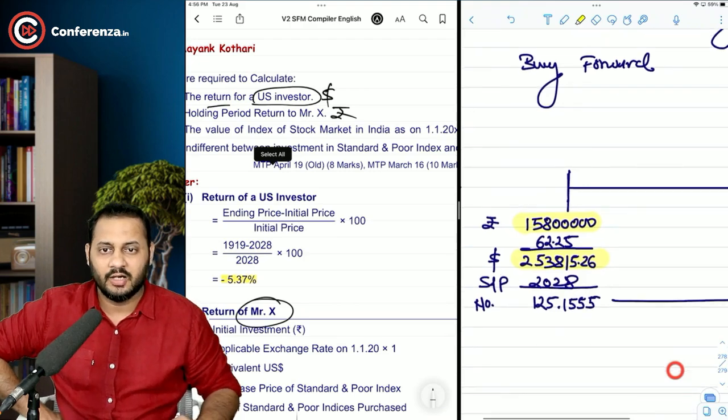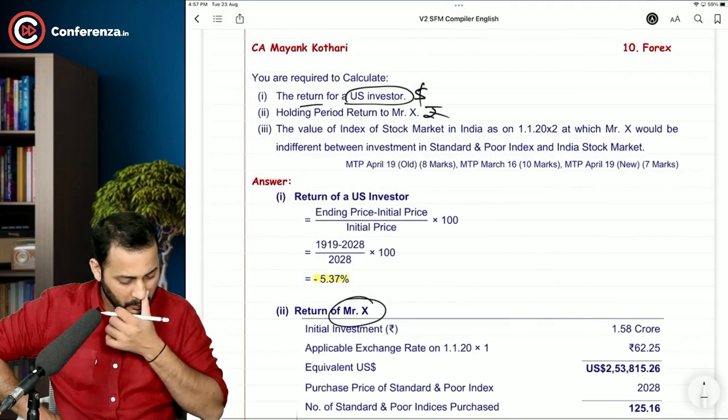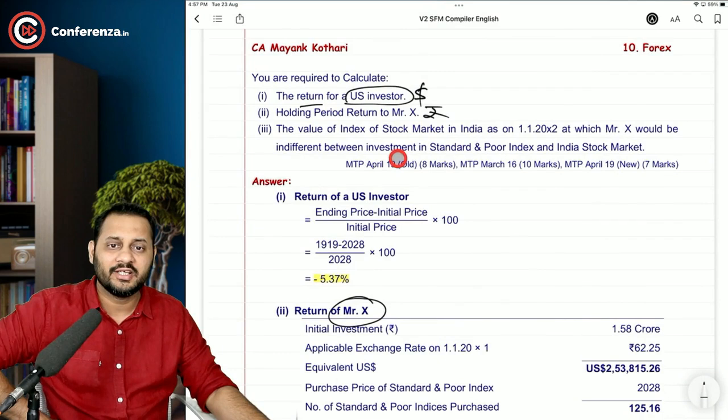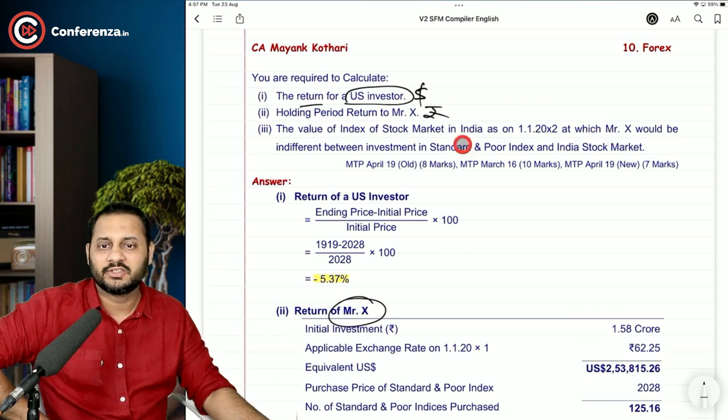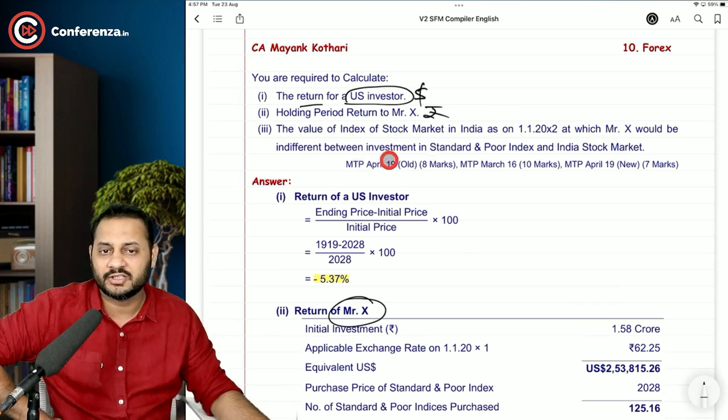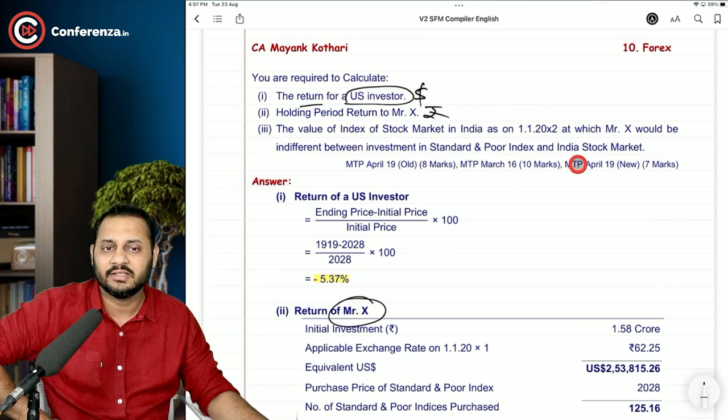Okay, now the last part, the value of index of the stock market in India as on 1st January 2022, at which Mr. X would be indifferent between investment in Standard and Poor index and India's stock market. What does that mean?